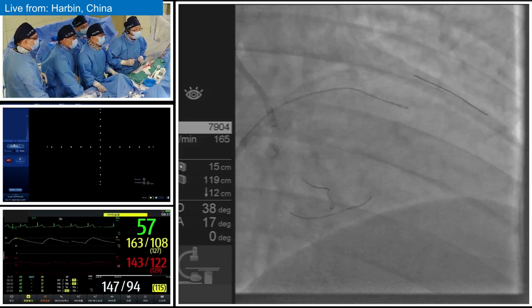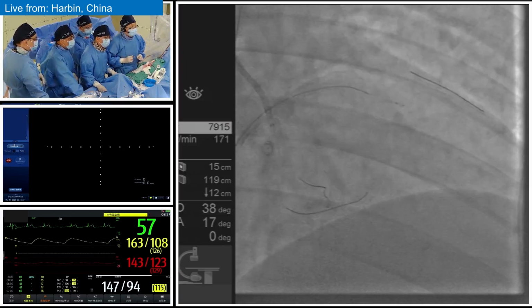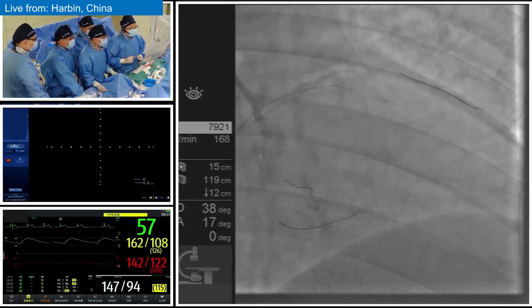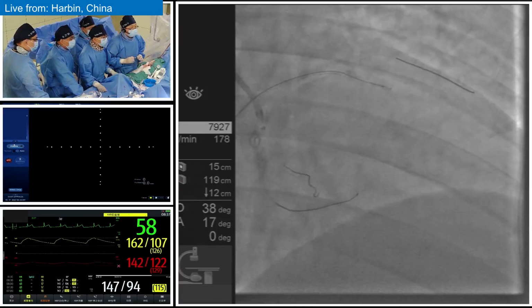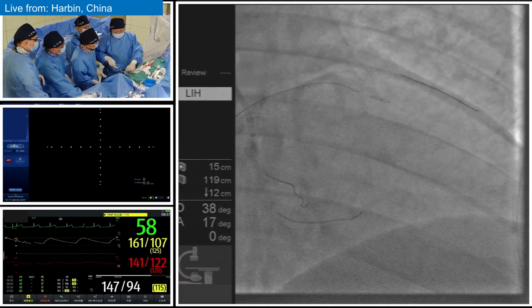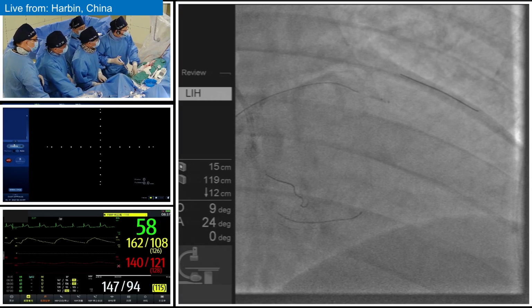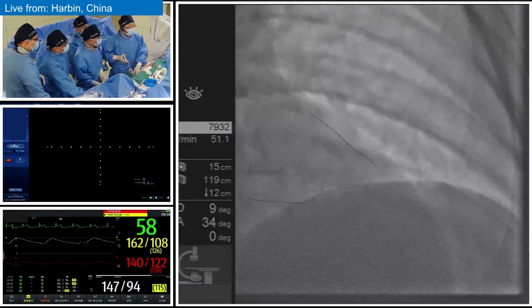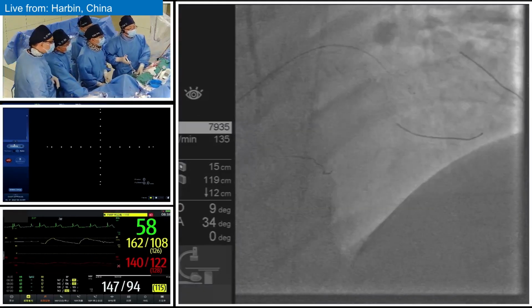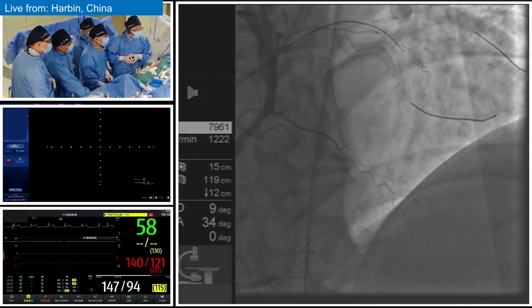Although the intravascular imaging, I think it's a little bit difficult to come out. We may change the place, and use the contralateral angiogram to recheck the position of the wire. I think that confirming the distal re-entry site is of key importance.